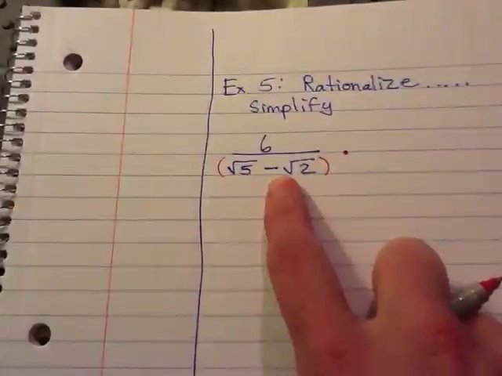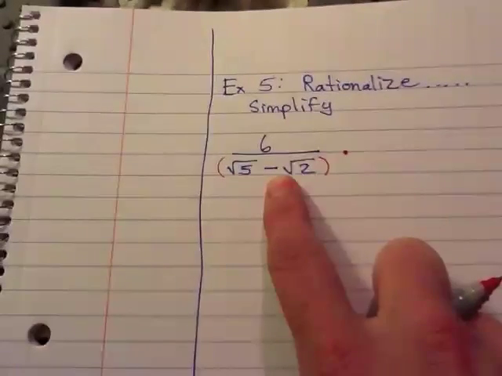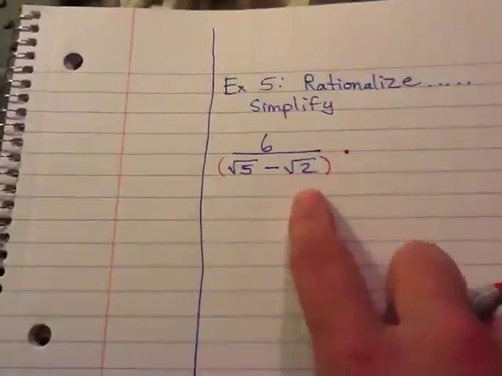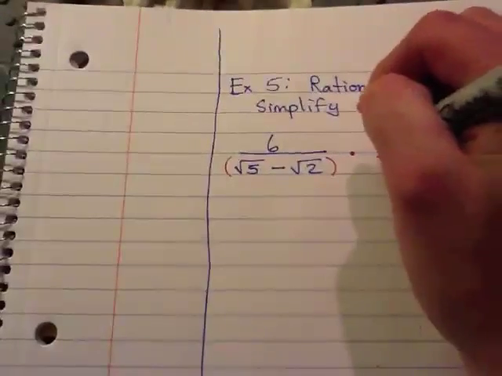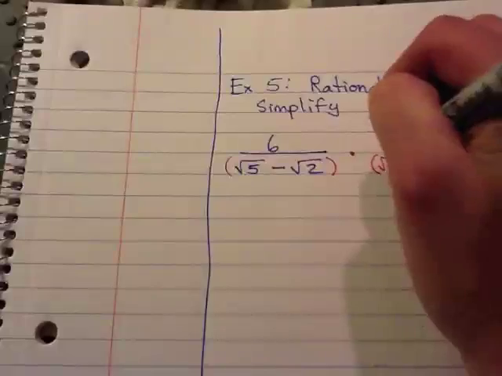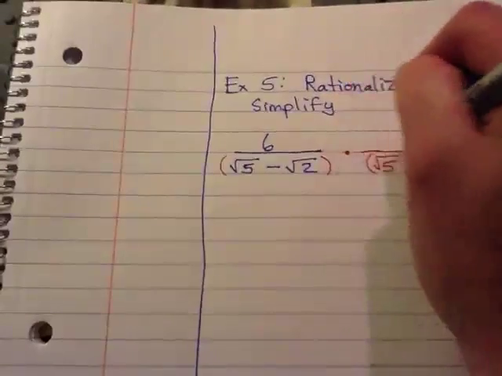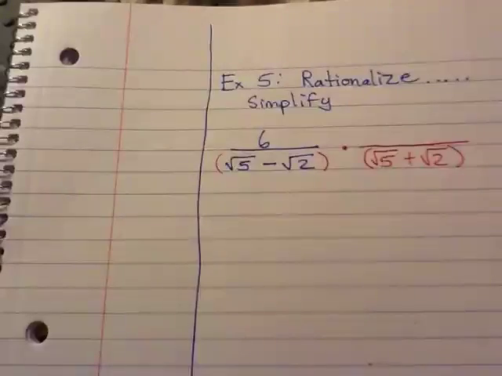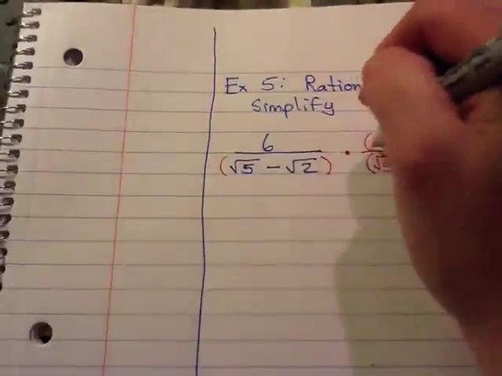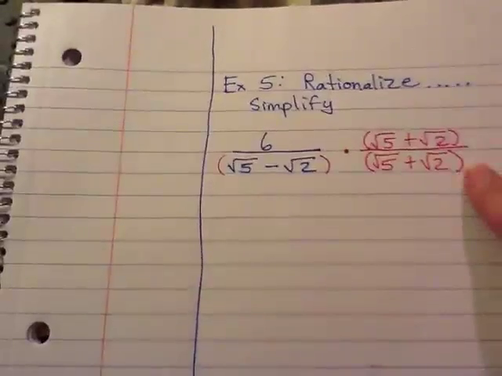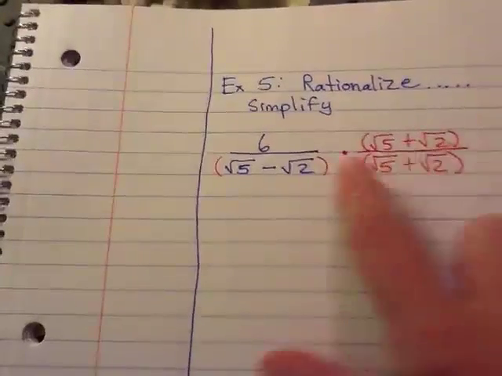And within making that difference of squares, my middle term, which has my square roots in it, is going to cancel. So just kind of watch as we go through. Now remember, if I multiply the denominator of a fraction by something, I have to multiply by a value of 1, so I'm also going to multiply the numerator. So I have square root of 5 plus square root of 2 over square root of 5 plus square root of 2, and I'm multiplying it.